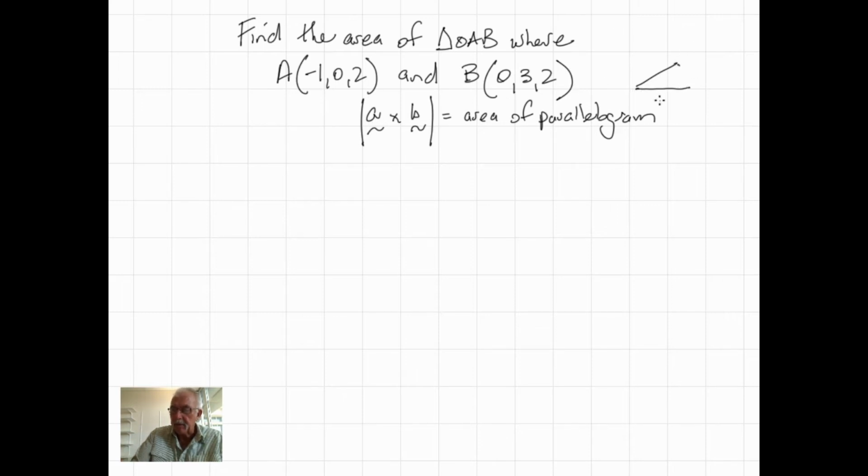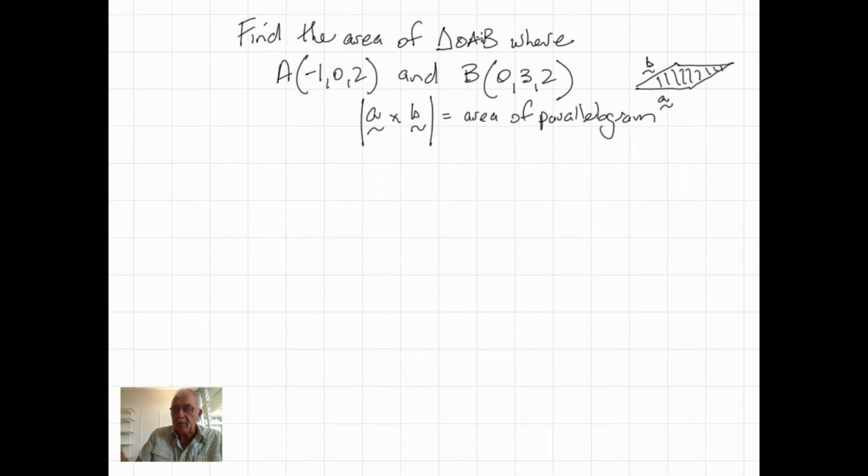So if we've got vector A and vector B, then those two sides, if we drew another one parallel to B out here, another one parallel to A out there, we've got the area of that parallelogram.